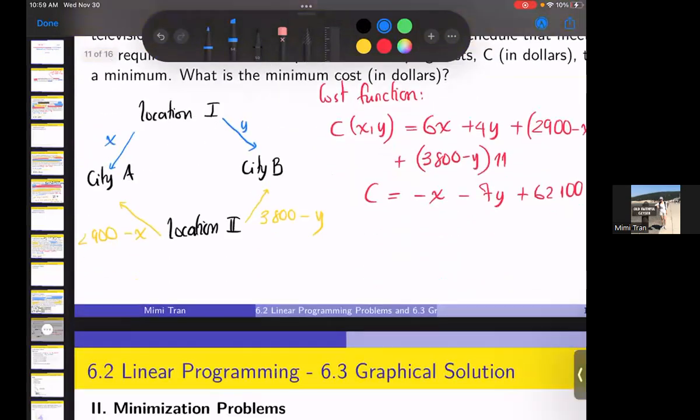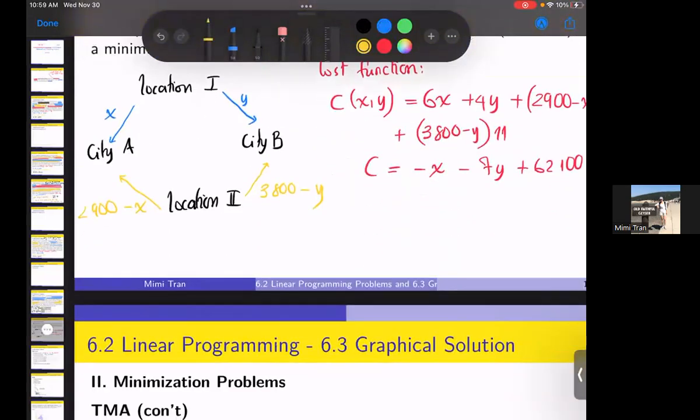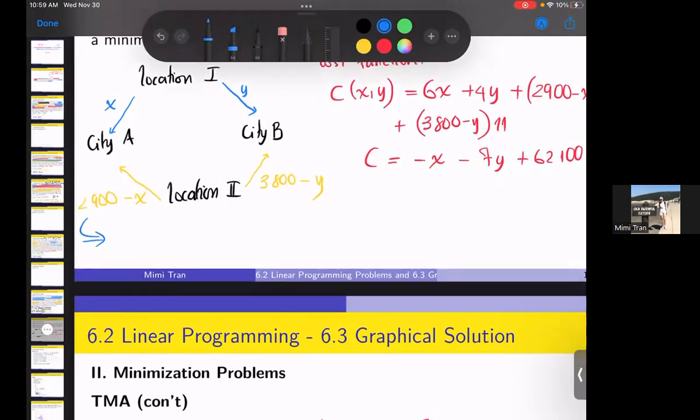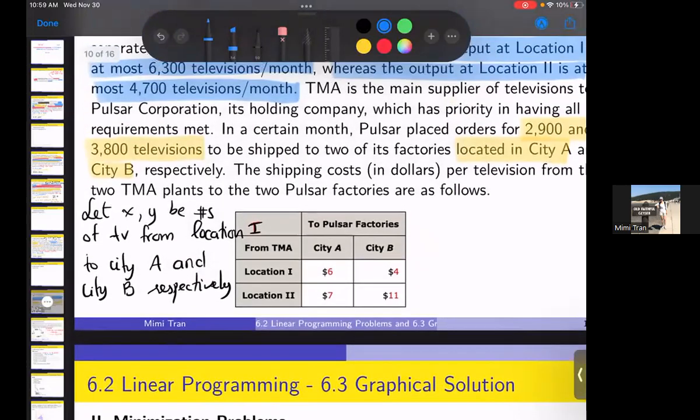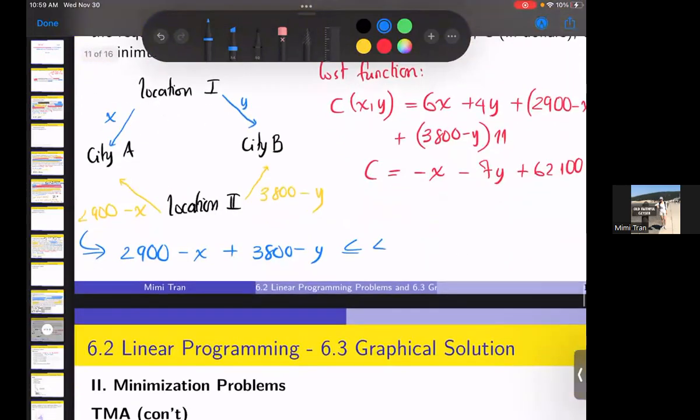So the number of production in location two is 2,900 minus x plus 3,800 minus y, which has to be less than or equal to 4,700. And then you need to simplify it a little bit.